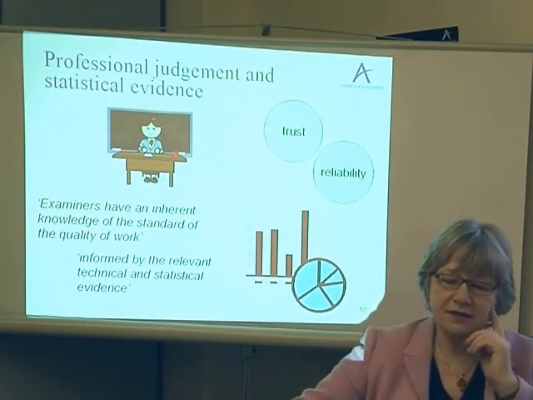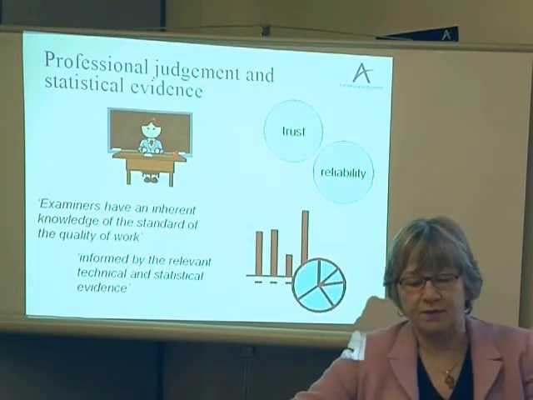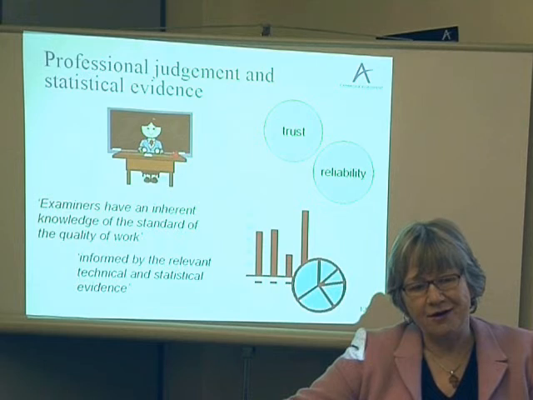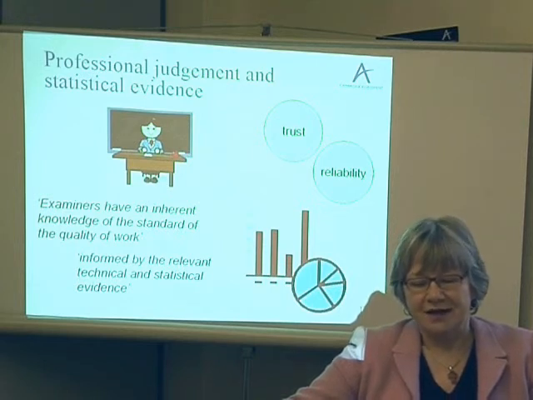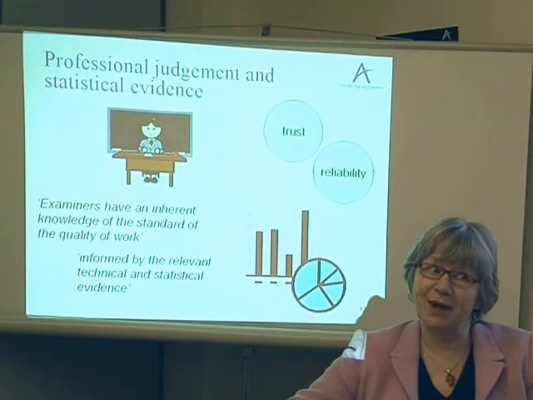The public demands that assessment is as reliable and free from error as possible, but at the same time is less and less trusting of awarding bodies. So how far can awarding bodies deliver what is expected of them?